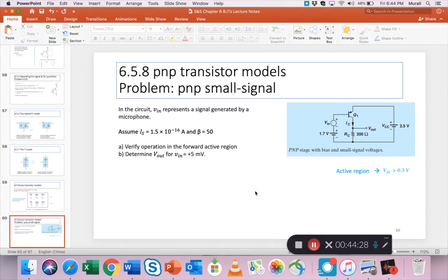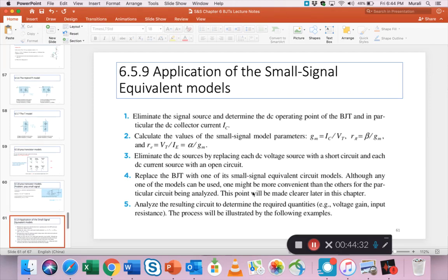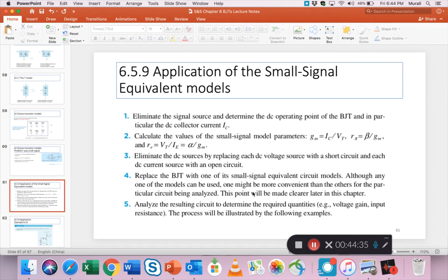Okay, so I have a problem that we look at for PNP when we do problems, and we come to kind of a summary of how to go about applying everything we learned into a 5-step process to solve a problem with a small signal equivalent model. So let me quickly read each step.